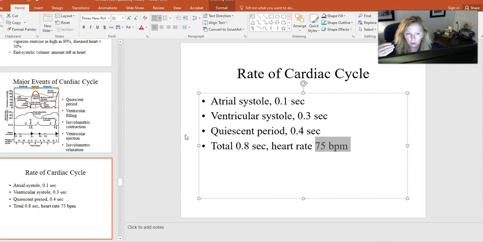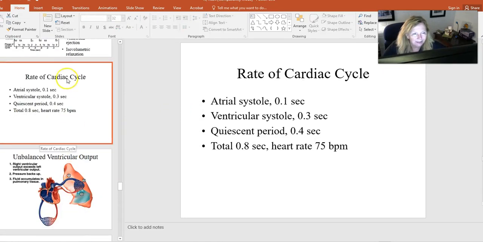You would also want to figure out if there are any medications that could be causing that, and you certainly wouldn't want to give a medication that could exacerbate either one of those situations. So the rate of the cardiac cycle, the beats per minute, is going to be important.